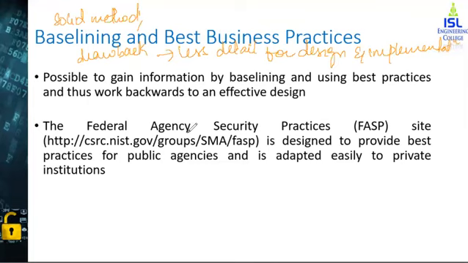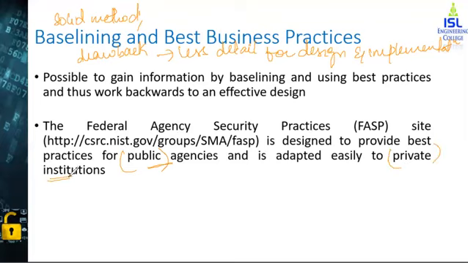Now, the Federal Agency Security Practices site is designed to provide the best practices for public agencies. This particular site has the best practices that will be used by different public agencies, and it is also easily adapted by different institutions. So it is useful for public agencies as well as different private institutions.